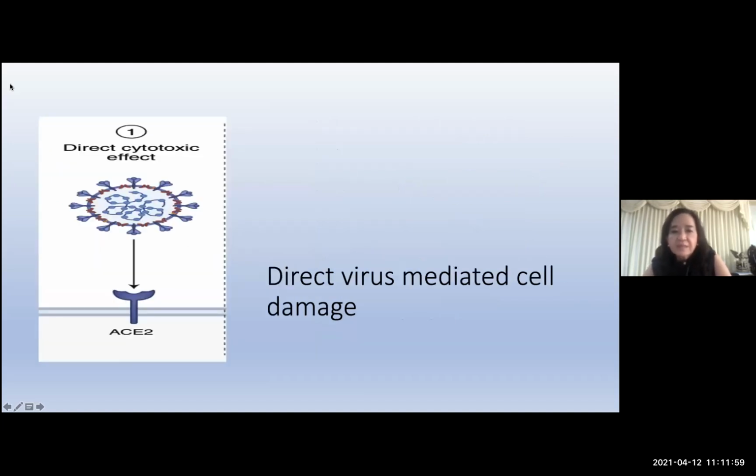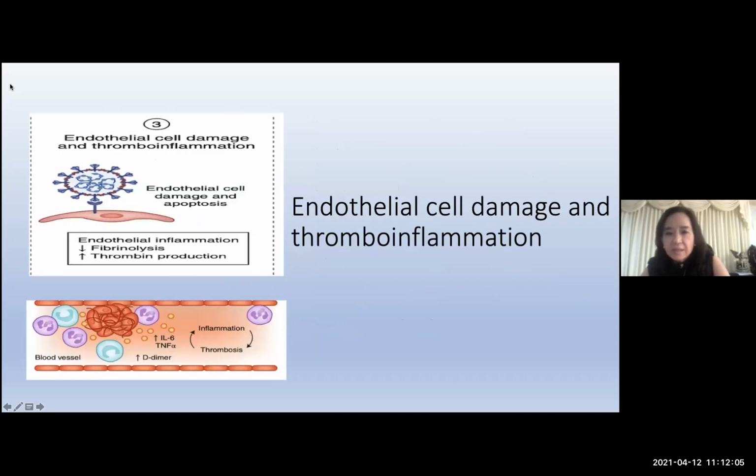The direct mediated cell damage is caused by the spike directly attaching to your lungs. And then for your vascular changes, there's endothelial cell damage because of the ACE2-mediated entry of the SARS-CoV virus, and so there's inflammation and generation of a prothrombotic milieu.